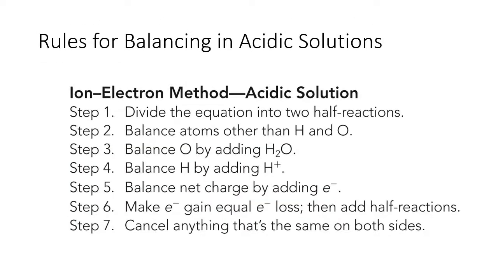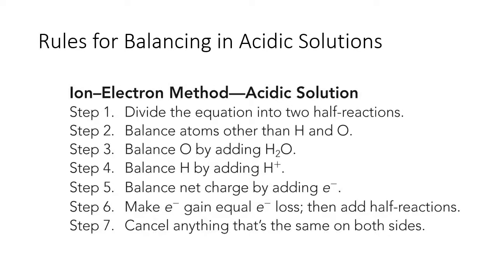The rules that we'll follow for balancing in an acidic solution will be: first, divide the equation into the 2 half reactions, oxidation and reduction. When we balance by mass, we'll start by balancing atoms other than hydrogen and oxygen. Next, we'll balance oxygen by adding the needed number of H2O molecules.